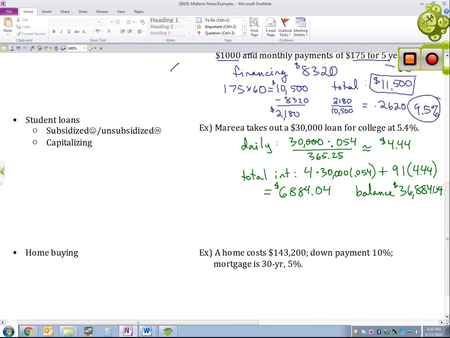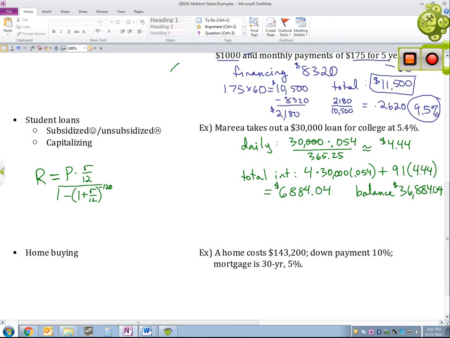Now, to find the monthly payment, we use the formula, which I will go ahead and add on here. Monthly payment. I was thinking R for rate. Okay, monthly payment is going to be the principal times the rate divided by 12, all over 1 minus the quantity 1 plus r over 12 raised to the negative 120th.